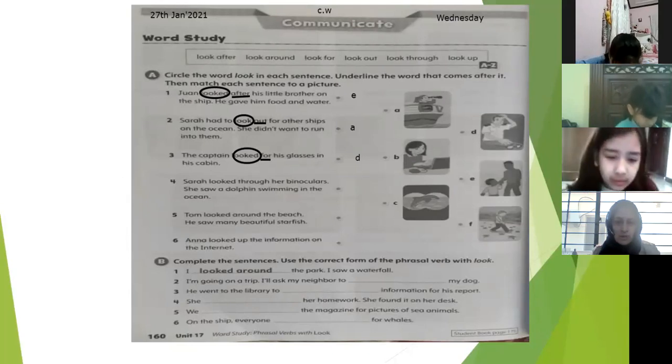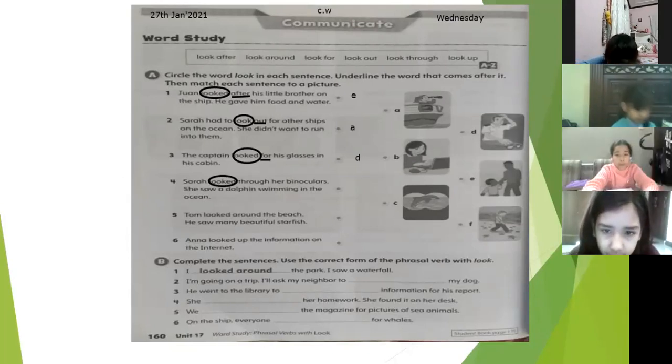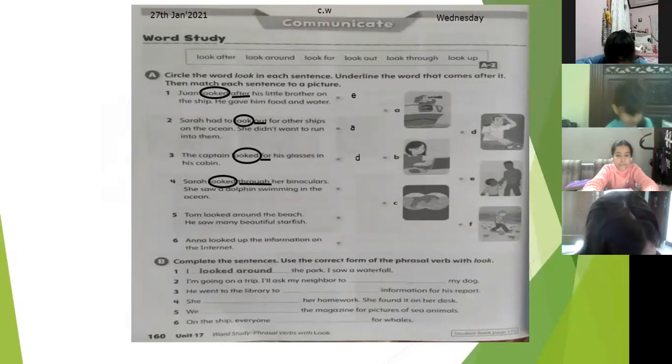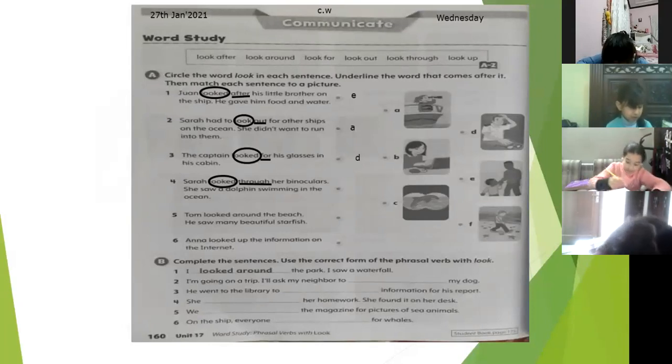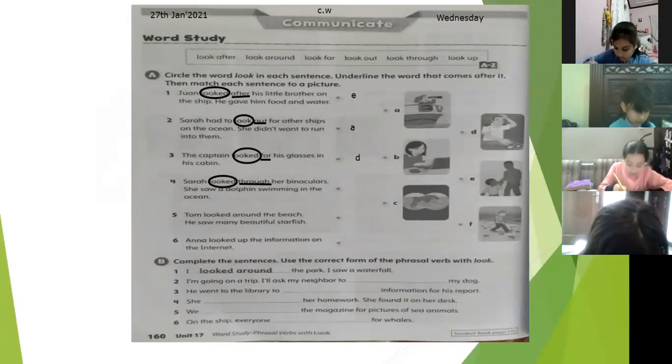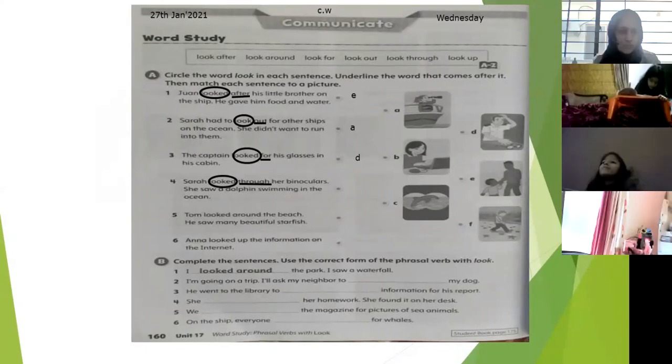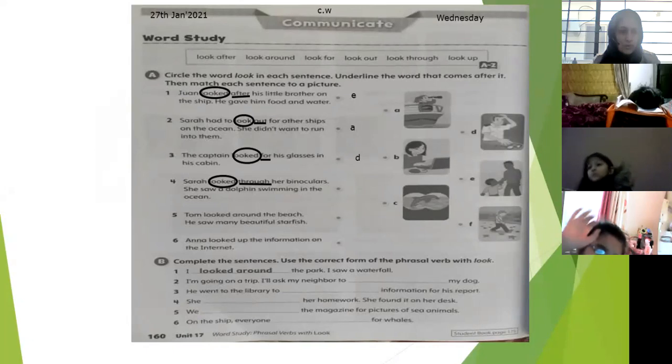You have to circle looked here and you have to underline through here. Okay? And now you have to match it with which one? Yes, who will tell me? Yes, Sundas?